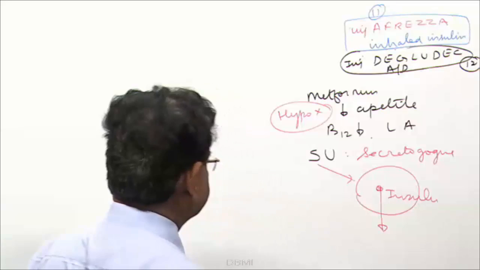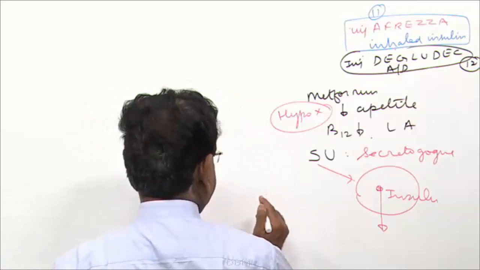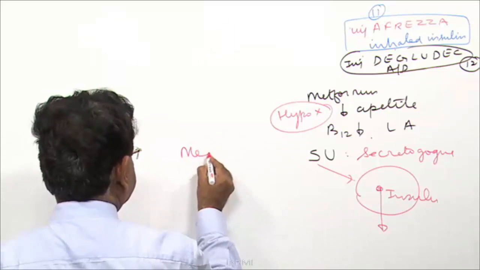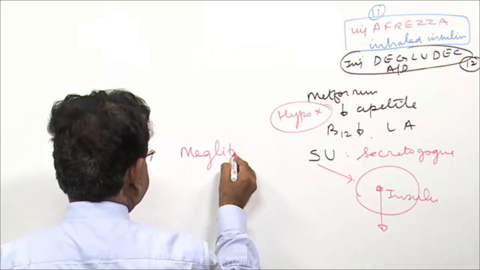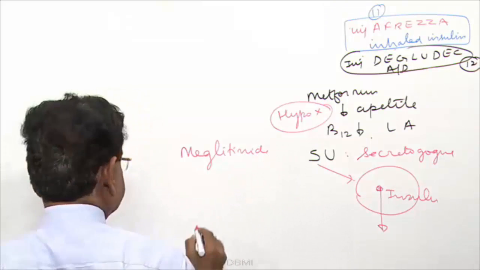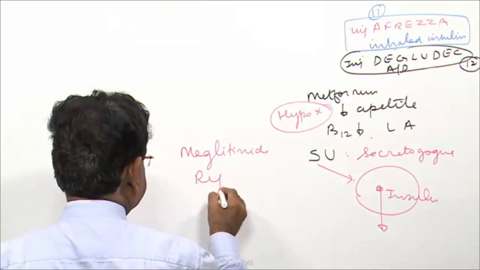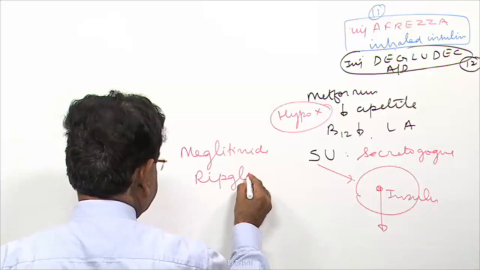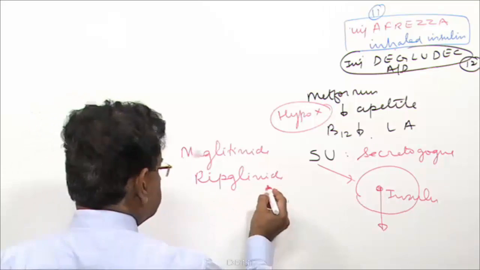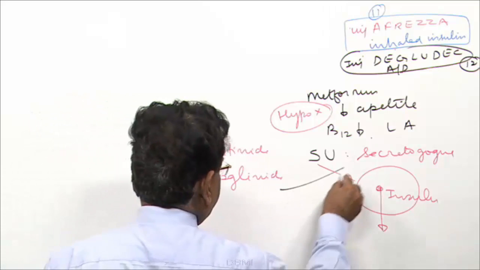Then we have the meglitinide group of drugs, which includes repaglinide. What do they do? They are also insulin secretagogues.